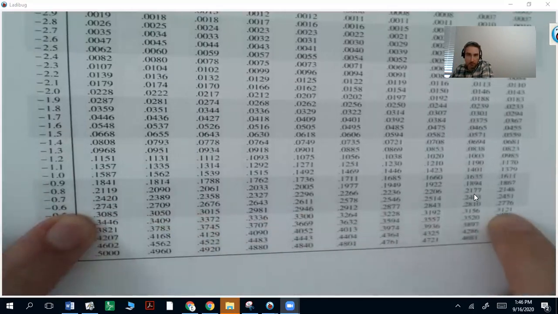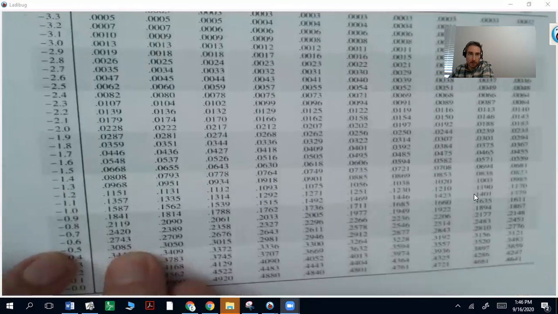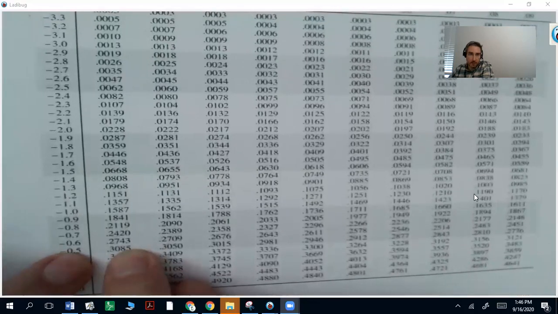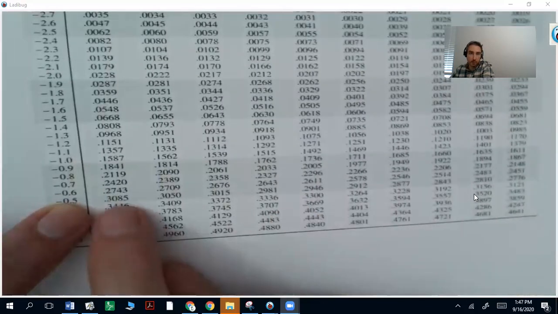You see a 0.3121, but you also see a 0.3085, and 0.3085 is actually closer. So that z-score looking out would be negative 0.5.